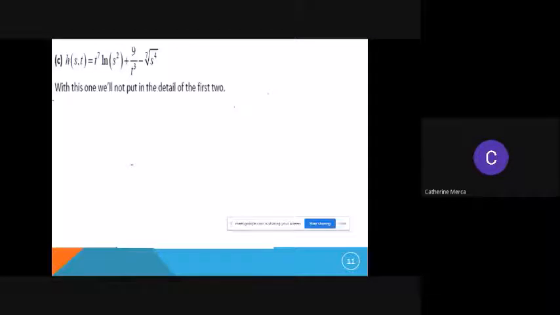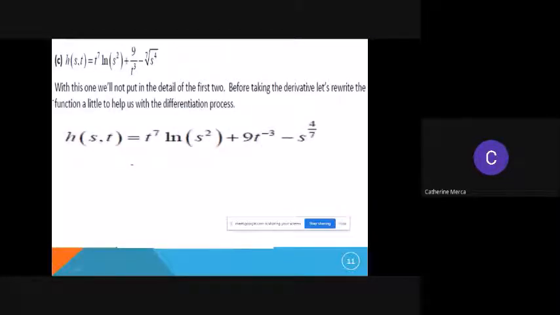If you're asked to find the derivative of the function, we can write the function first as t to the 7 ln of s squared, plus 9 over t cubed, minus the 7th root of s to the 4th. So 9t to the negative 3, minus s raised to the 4 over 7. If you remember, it is easier to get the derivative when the values are exponents, right?